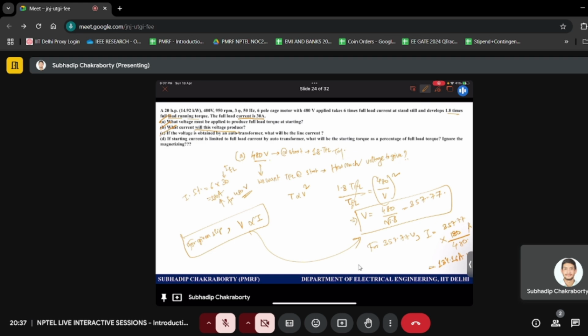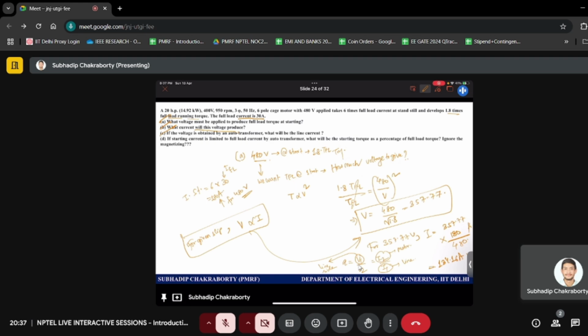Now if the voltage is obtained by auto transformer, what will be the line current? So this voltage is being supplied by an auto transformer, let's say. So for an auto transformer the turns ratio is V1 by V2 equal to I2 by I1. Right, this is the primary line side. Similarly, this is also line. And this is the motor, right?